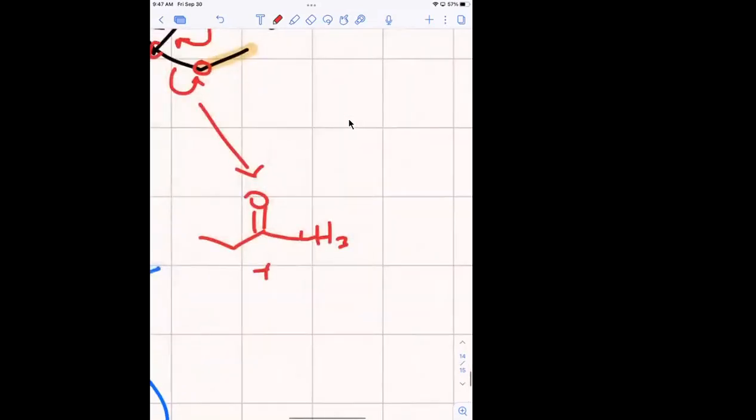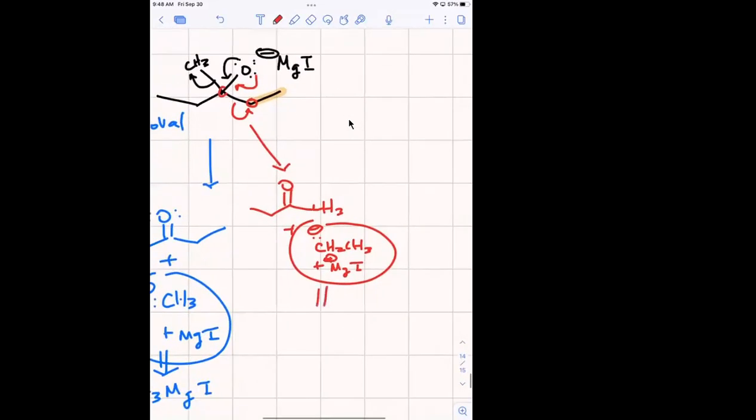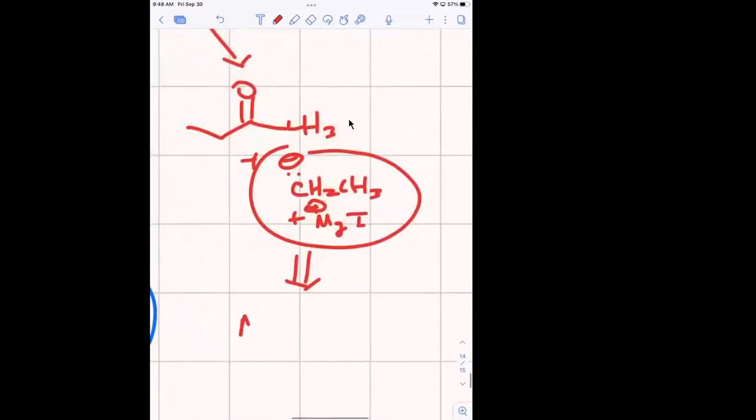Plus this, I'm going to write it out: CH2, CH3, negative charge on the CH2, plus MgI, and that's positive. And these two get married, and that's what my Grignard is going to look like: CH3, CH2, MgI.